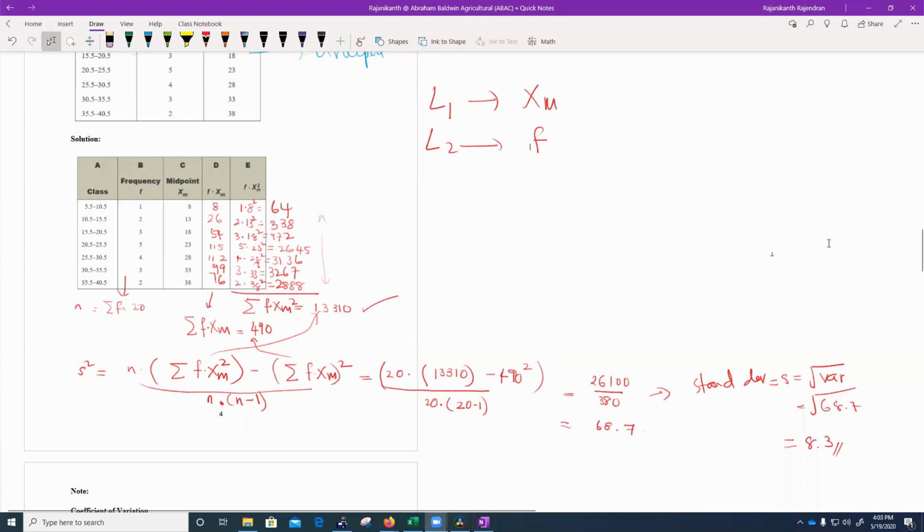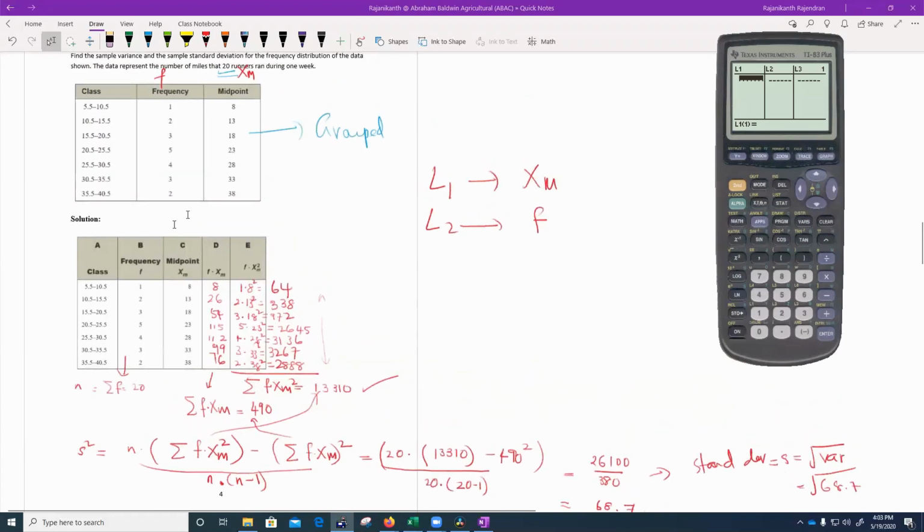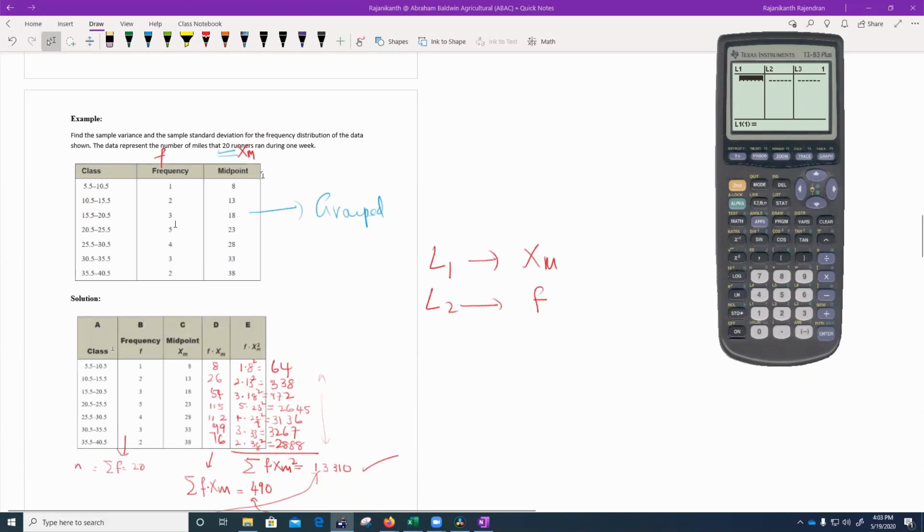Okay, so let me show how this works now. Remember, the order is very important. You need to enter the midpoints, the data values, into L1, then the frequency. My L1 midpoints are given here in the second column of your original table.